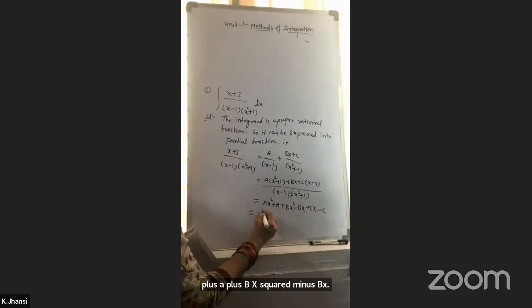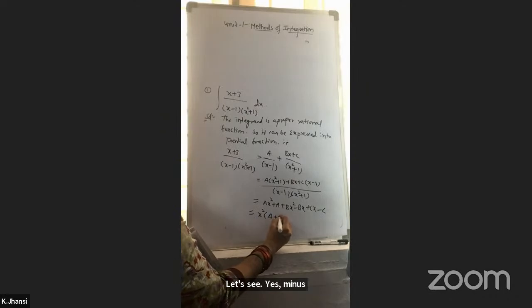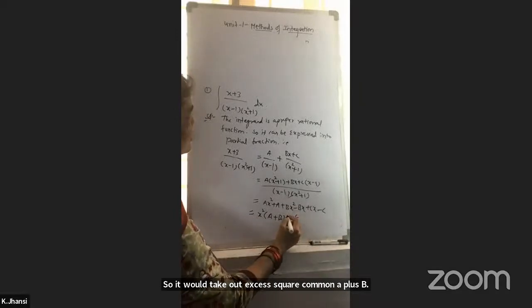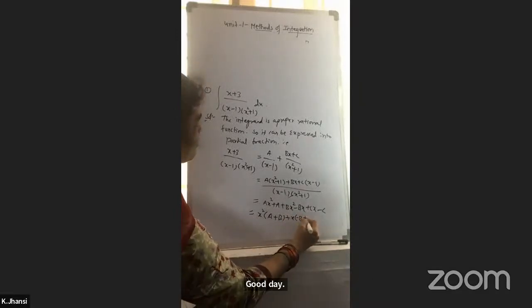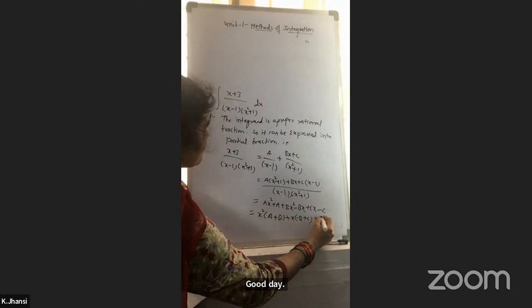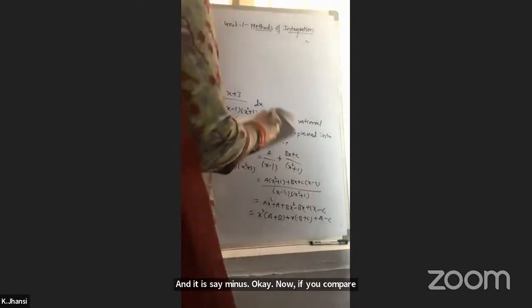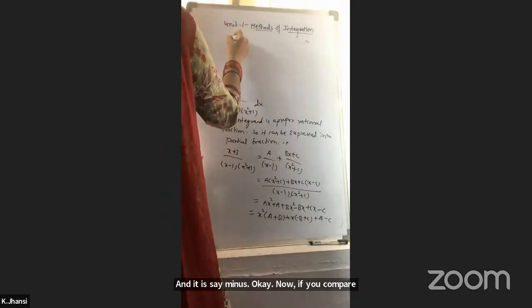So if you take x square common, a plus b; if you take x common, it is minus b plus c, and it is plus a minus c. Now if you compare this, a plus b equals the first one, same.